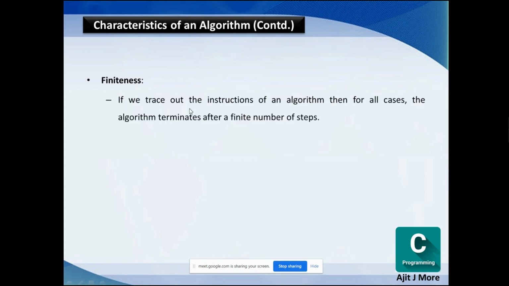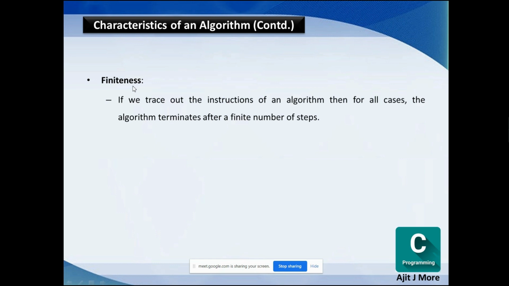Okay, so if we trace out the instructions of an algorithm by paper pencil, manually you're checking that if I give this as an input, I am giving some sample input, and then on that input I'll try to check how this step is running, how this step or it is coming back. So when I follow that sequence of steps, at some point your algorithm is going to halt.